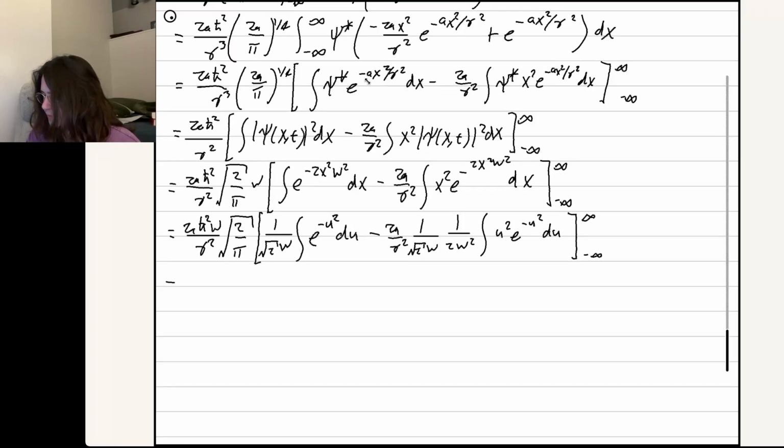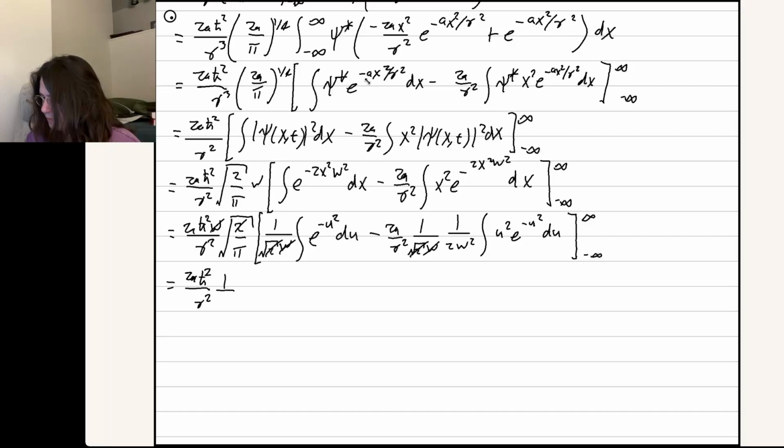We'll factor out root 2w down there, which will just end up canceling this root 2 and this w, and then try to simplify a bit more to a h bar squared over gamma squared.